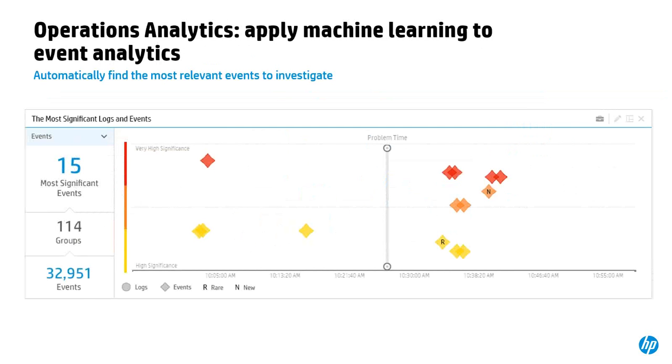This is the event analytics that I mentioned earlier. This is a way to really analyze all the events. If you're getting thousands of events a day, and you want to know what are the most relevant events that I should start addressing, this is the ability to do that.